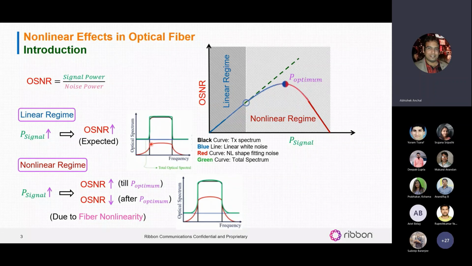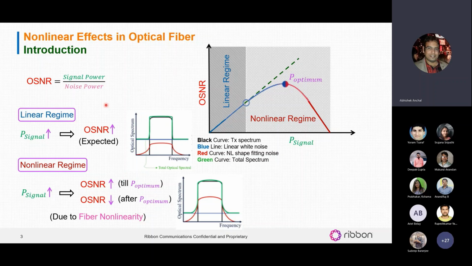That means nonlinear noise is present only where the signal is present. When the nonlinear noise is dominant over the linear noise at higher power, you can see this green spectrum. In the presence of nonlinear noise, the tails of the signal change, whereas in the linear domain the tail of the signal doesn't change, as you can see in the spectrum.